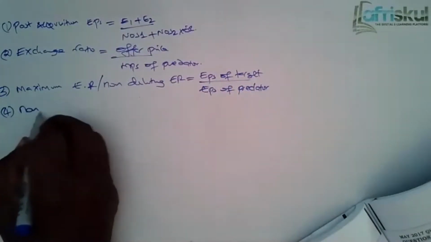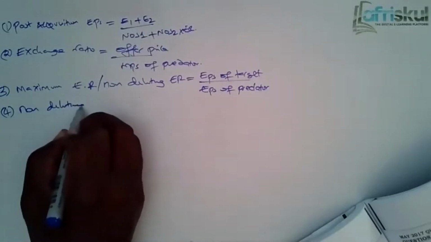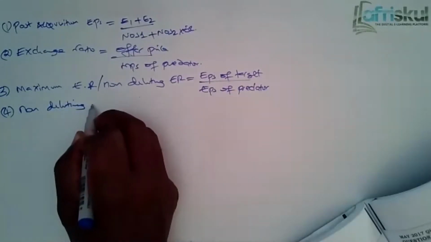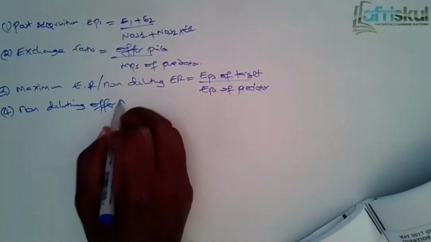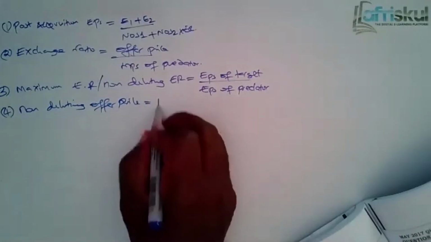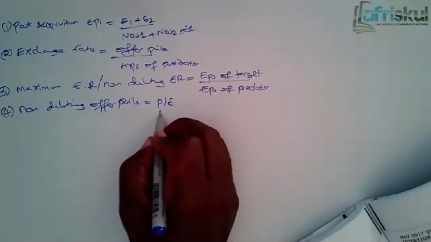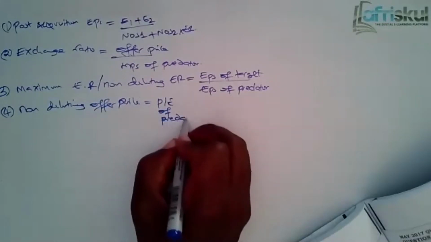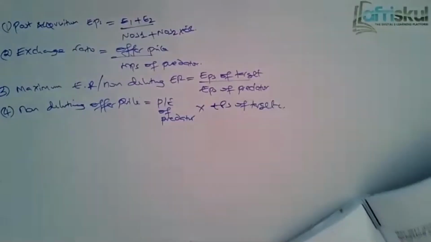And you learned how to get the non-diluting offer price, which is PE ratio of the predator times EPS of the target company.